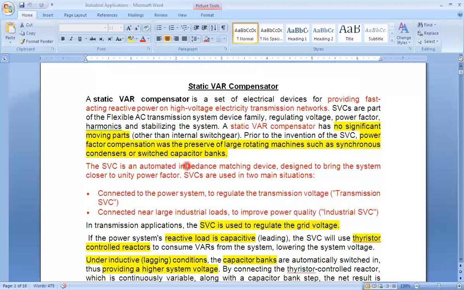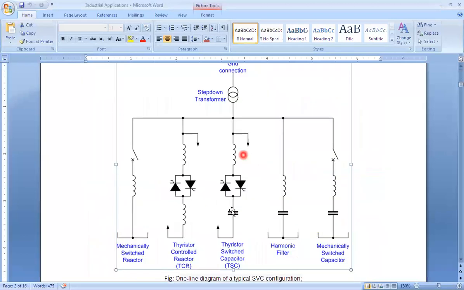If the supply voltage and current relation is such that the current is leading, then in the power system using this TCR, thyristor controlled reactor, if the current leads the voltage by some angle, that is more capacitive nature, then by connecting this TCR, we are consuming the power.